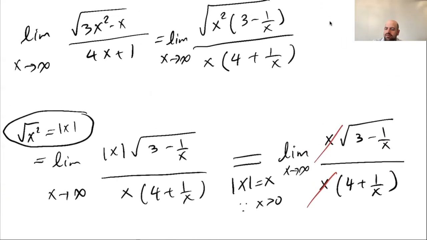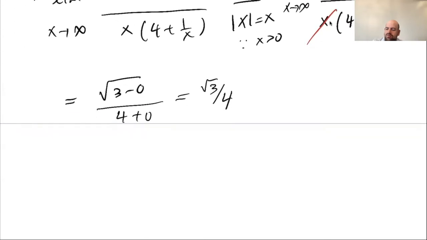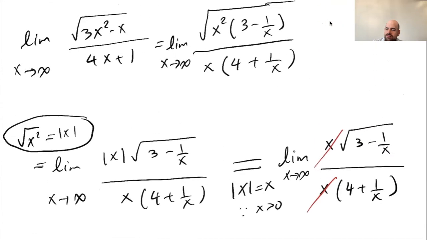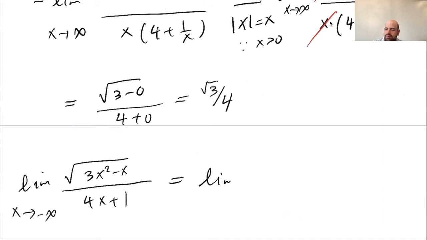So this is the limit as x goes to infinity, and now the limit as x goes to minus infinity. We can use a similar technique. So 3x squared minus x divided by 4x plus 1 as x goes to minus infinity. So let's take x squared out again, 3 minus 1 over x.